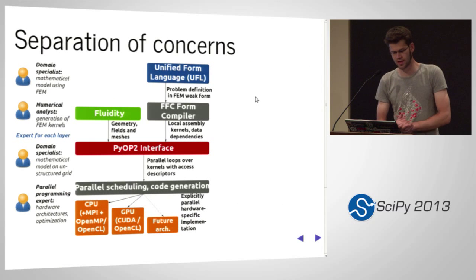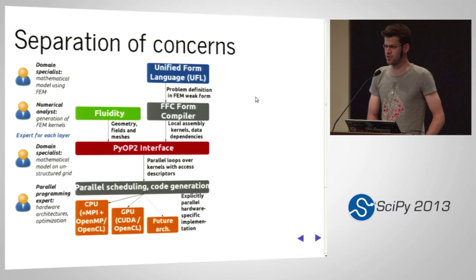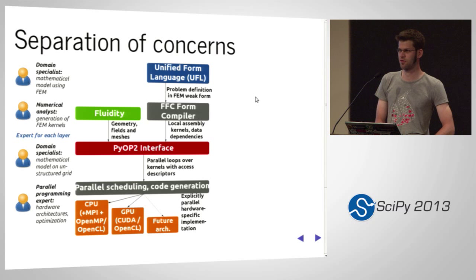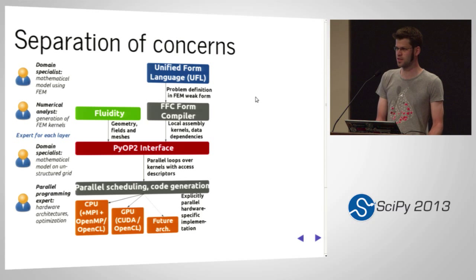So what this delivers also is a separation of concerns. We allow scientists of different domains to work at their level of expertise. So we have 2 points where domain specialists that develop mathematical models and solve physically based problems can interface. Those that work with finite element methods can sit on top of Firedrake and specify their problems in UFL.